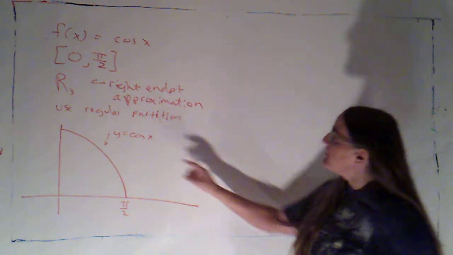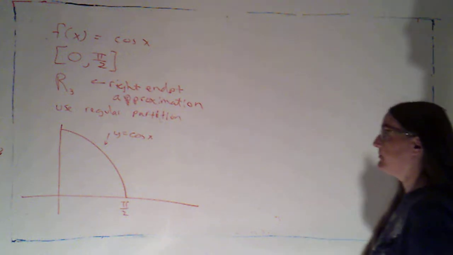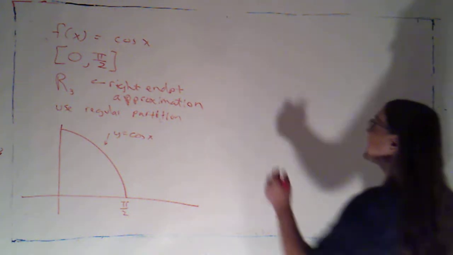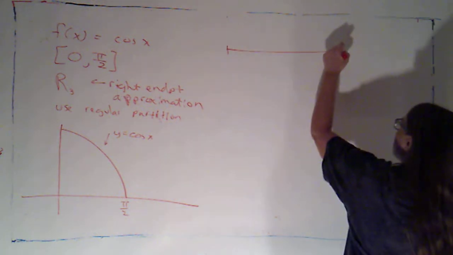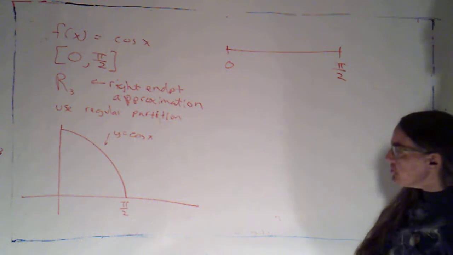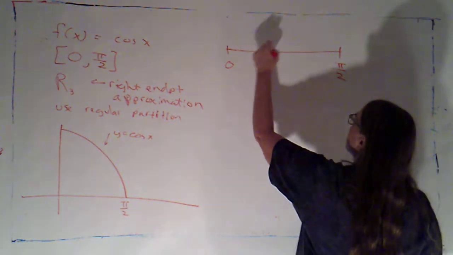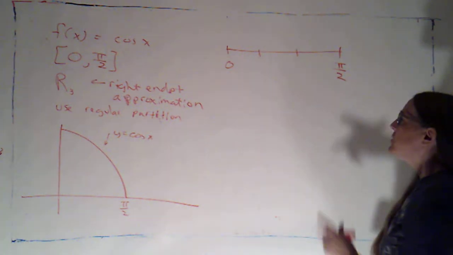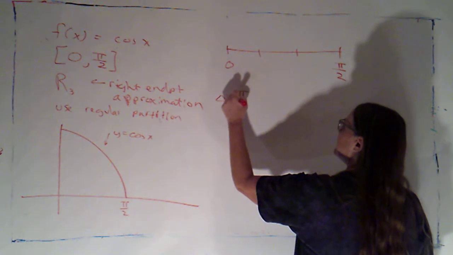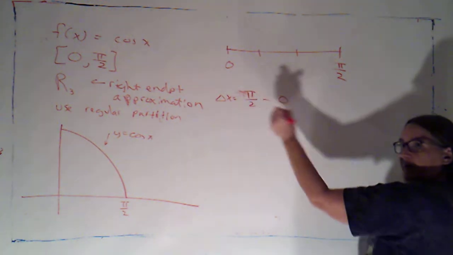Now, we were going to find R3, so that's using right endpoints as our sample points, and we're going to use a regular partition. So I like to have a picture of just the partition. I'm going from 0 to pi over 2, and I'm chopping that up into 3 equal pieces. So the length of each piece will be my delta x, which will be pi over 2 minus 0, the length of my interval.